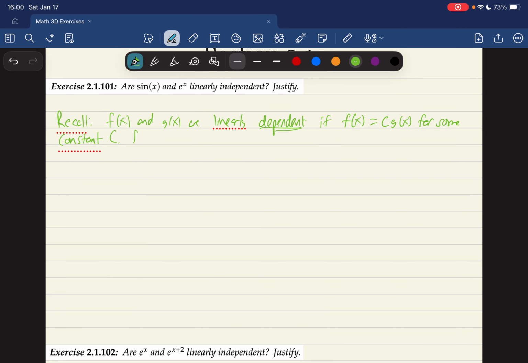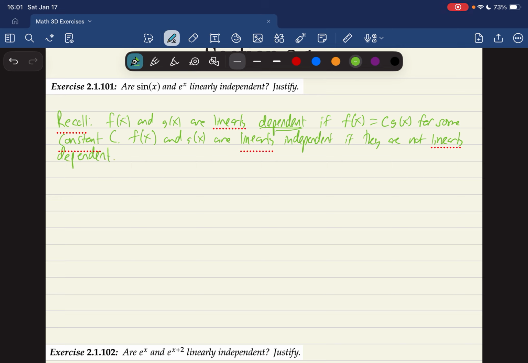And so f of x and g of x are linearly independent if they are not linearly dependent.